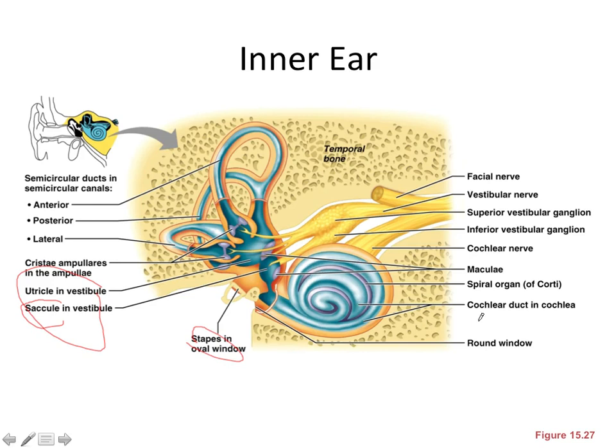The tube is called the cochlear duct. Between the two, we have a structure called the spiral organ of Corti.